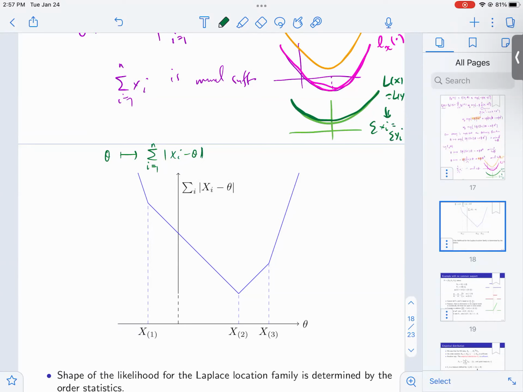The likelihood of it has more information. Okay. Is it clear? There's a bijection between this function and those locations, up to the shift.